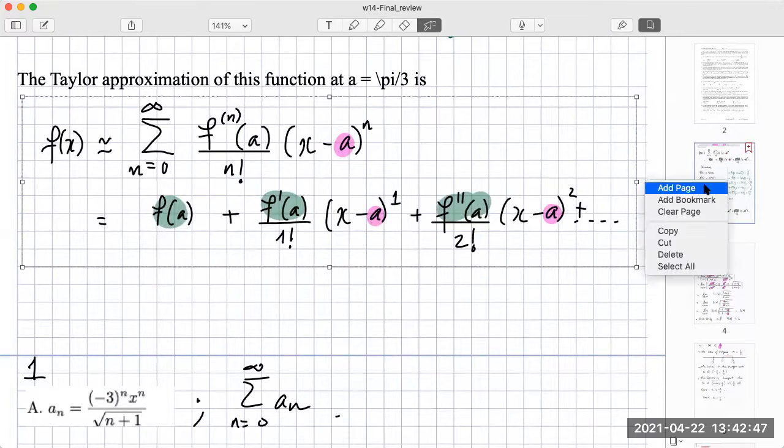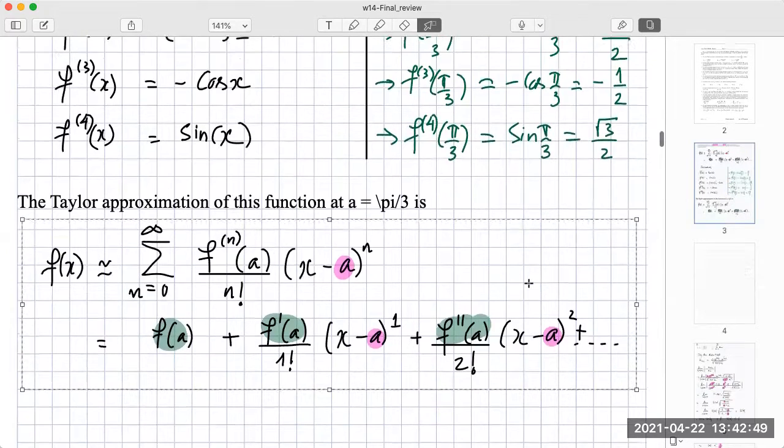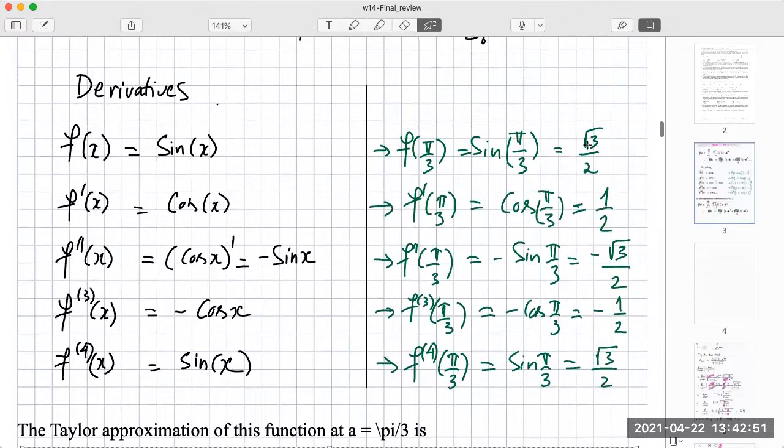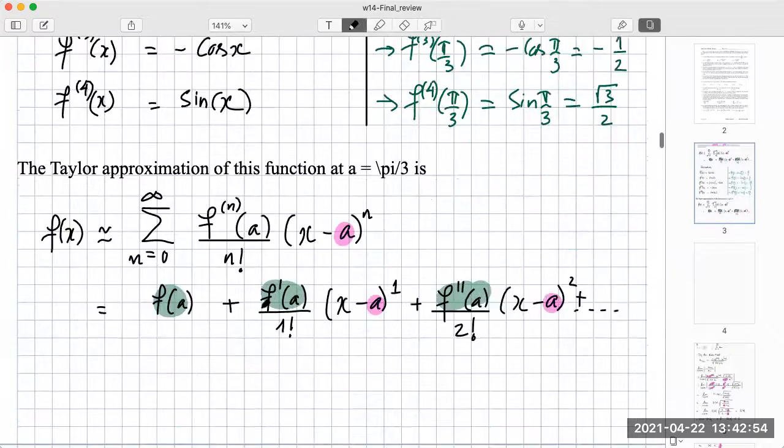Then we substitute the values of these guys. Okay, f of a, which is f of this guy's square root.